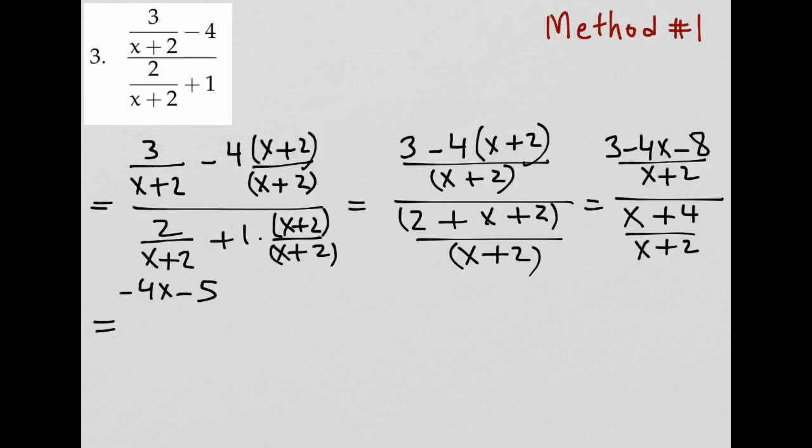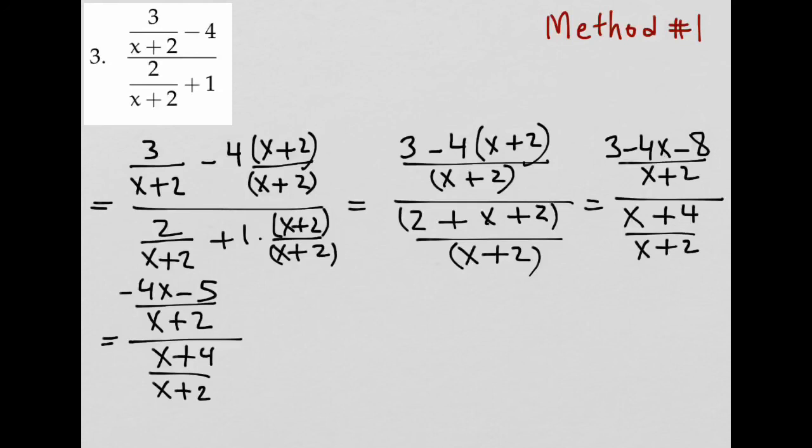This is 3 minus 4x minus 8 divided by x plus 2 divided by x plus 4 over x plus 2. Now we have written the numerator and denominator of our complex fraction as single fractions.